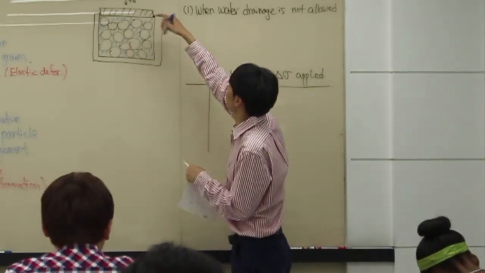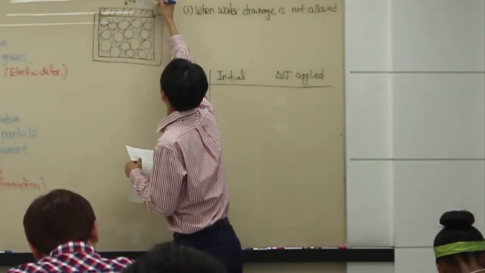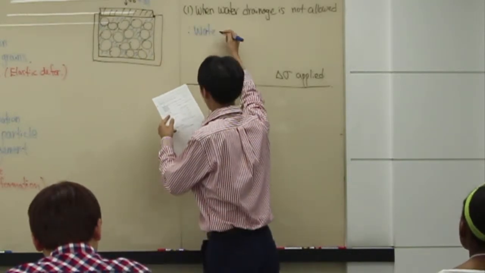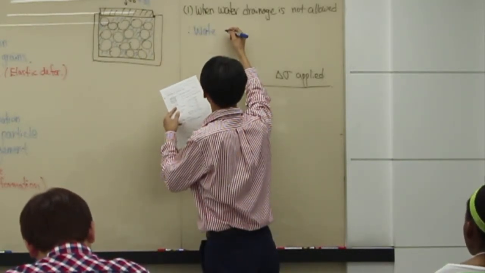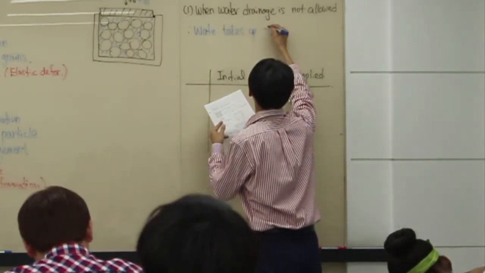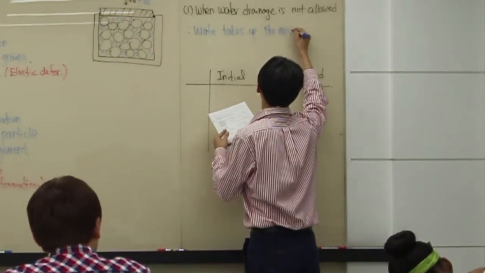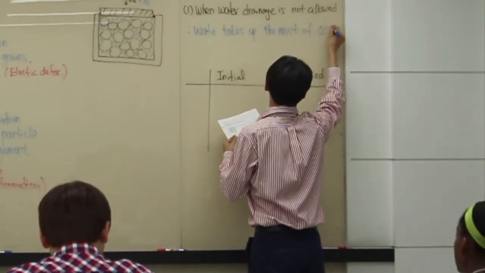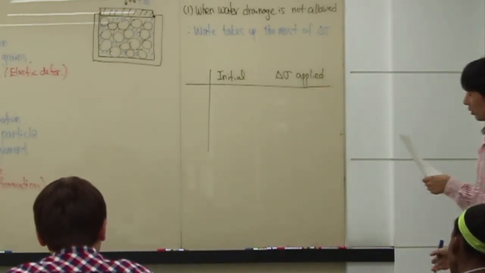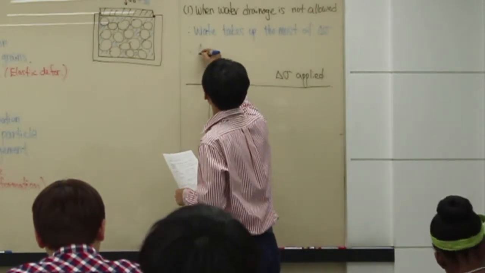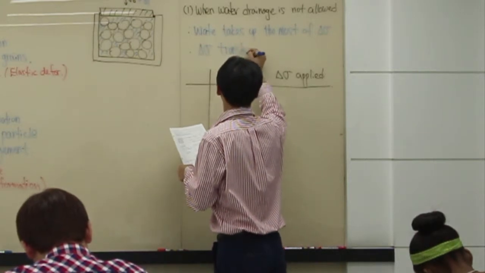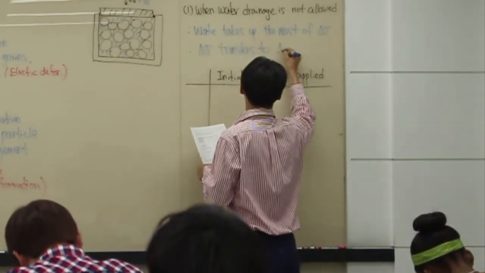So when you increase the delta sigma here, you increase the stress, and water takes up most of the stress. Water takes up most of delta sigma. So delta sigma transfers to the pore pressure.